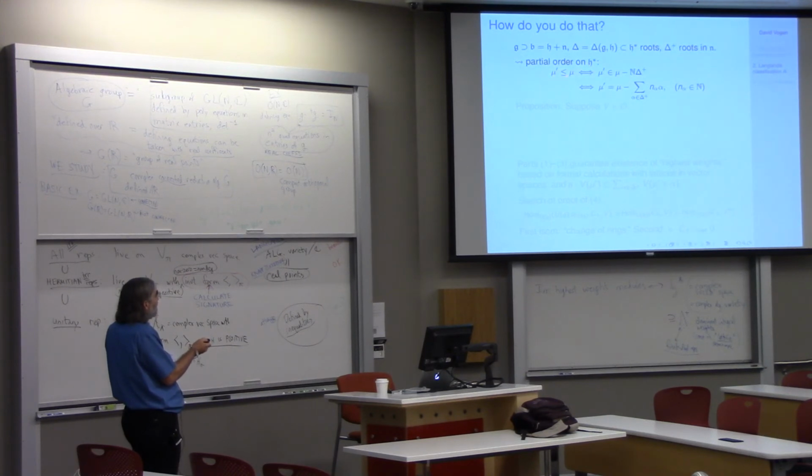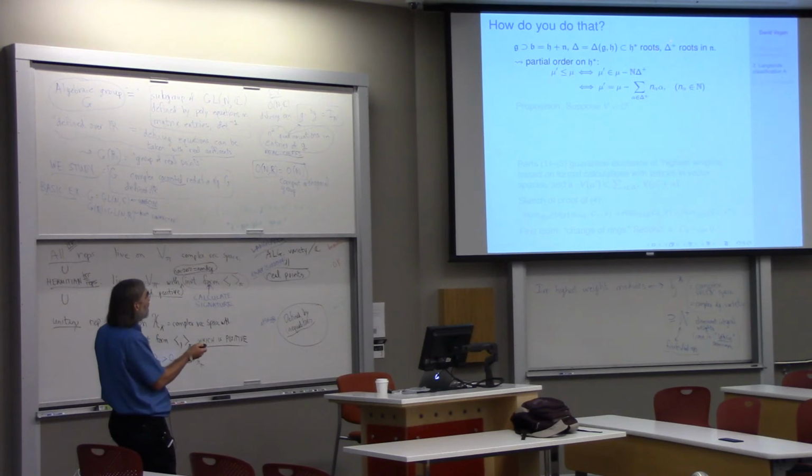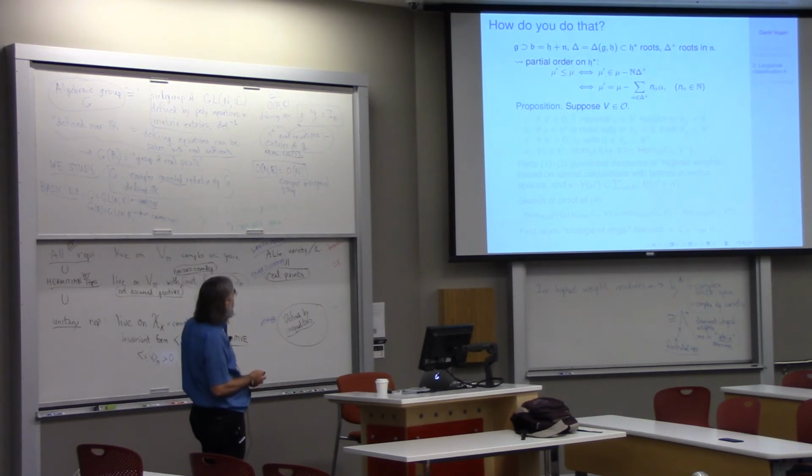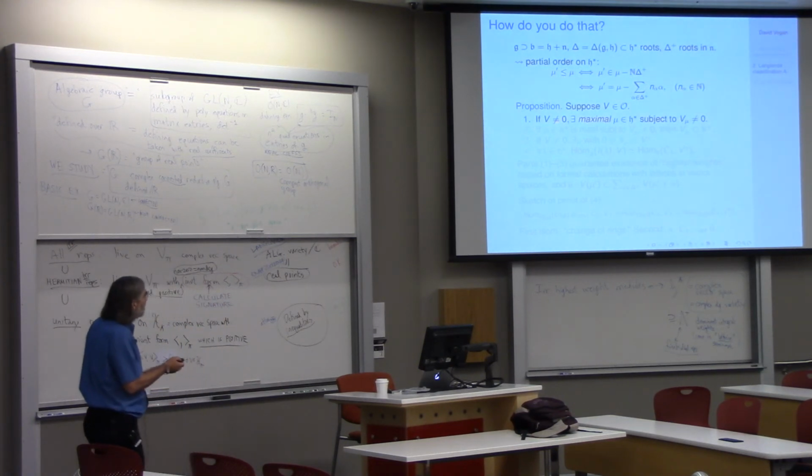You say that mu prime is less than or equal to mu if the difference mu minus mu prime is a non-negative integer combination of positive roots. So that's the ordering. And then if you have any module, if it's not 0, then you can find a maximal weight subject to the requirement that this mu weight space is non-zero.